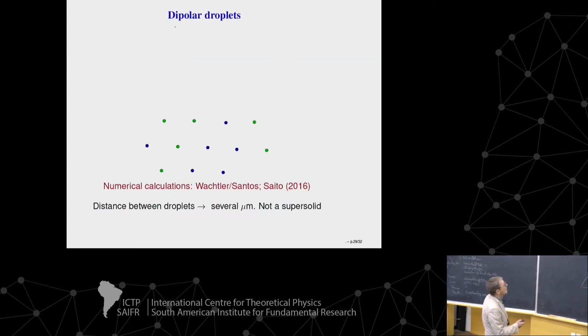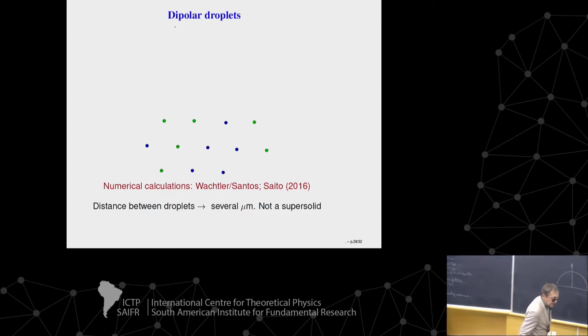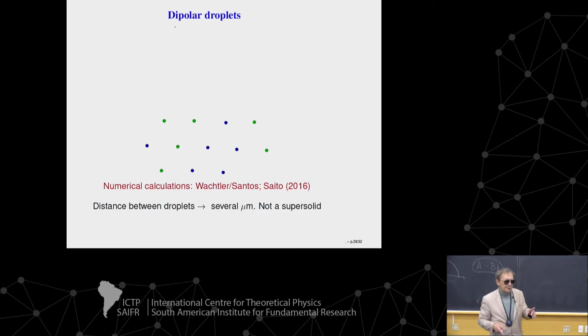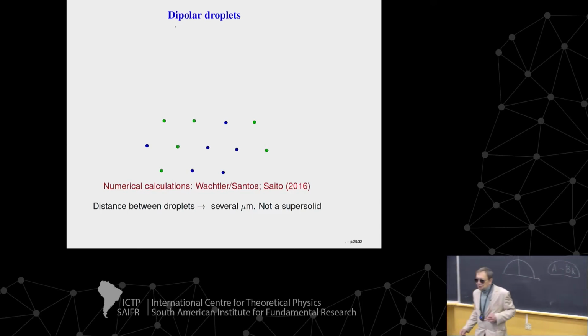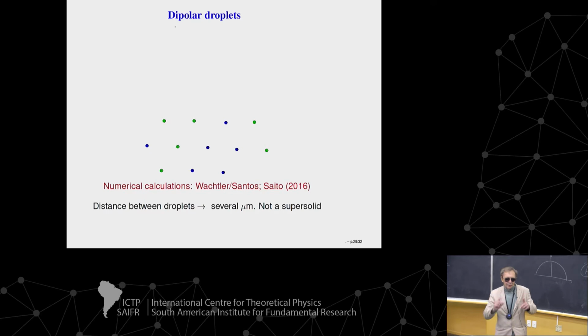But what is interesting here is that in these experiments of Tilman Pfau, there were just droplets, and the distance between them was sufficiently large so that this was not a supersolid state. They were not coherent.